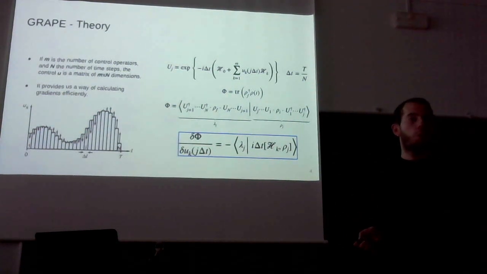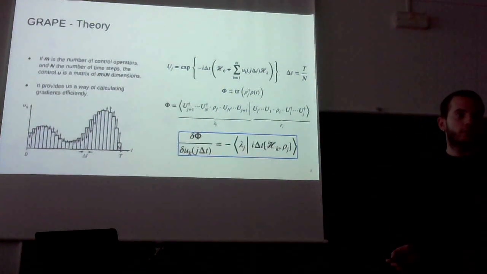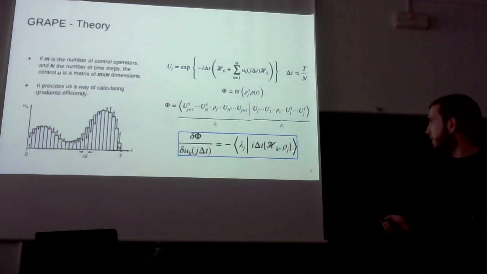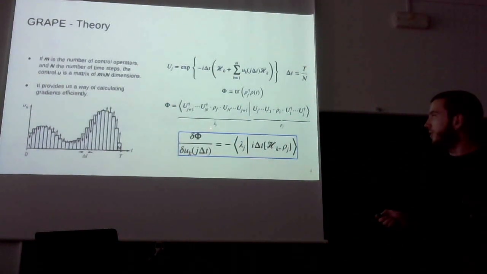But I guess you are dividing this because you are optimizing with respect to the control at time j, at delta t. So you have to choose the j on the right part of the equation in such a way that you divide it like this. The fidelity does not depend on j, just the gradient of the fidelity.